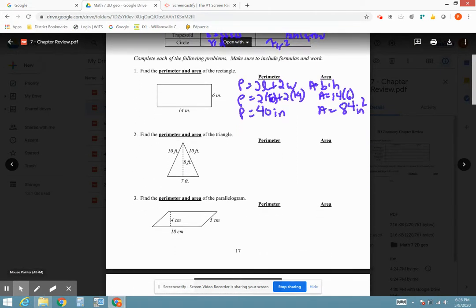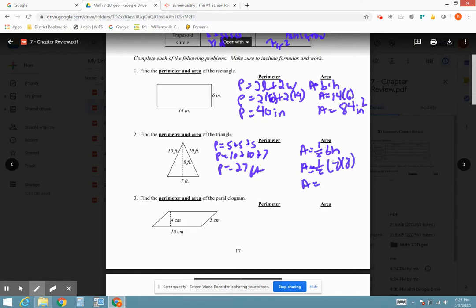All right, next we have a triangle. So perimeter, okay, and then area. Remember, height's measured straight up and down. Okay, next we have a parallelogram.